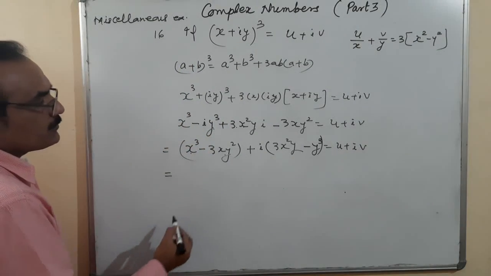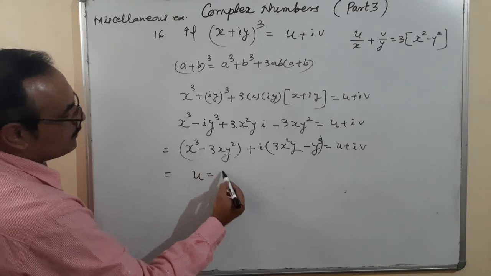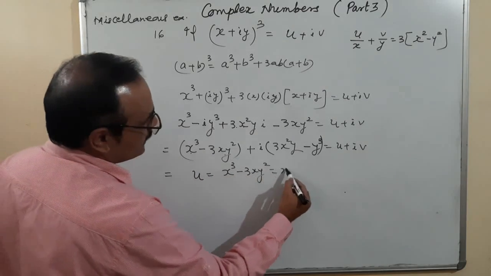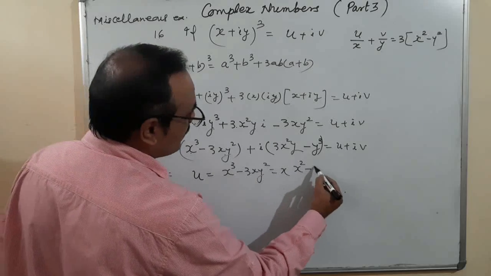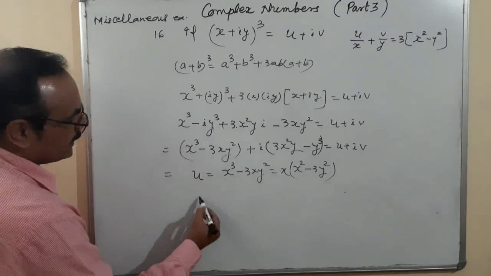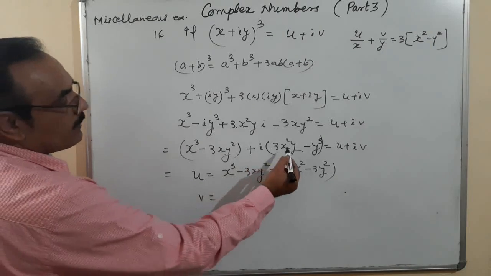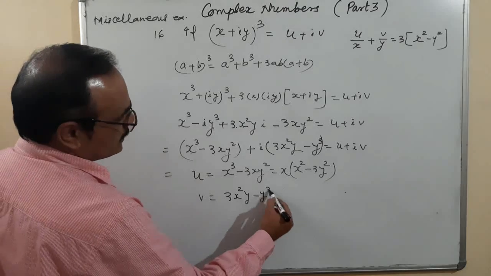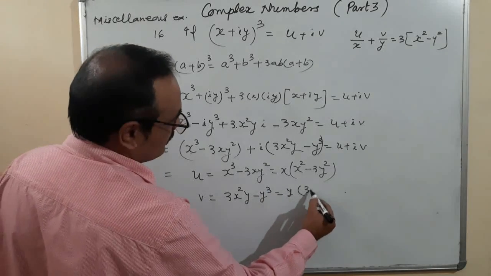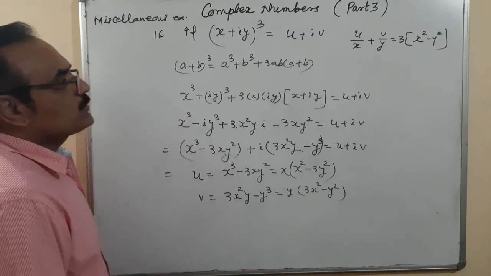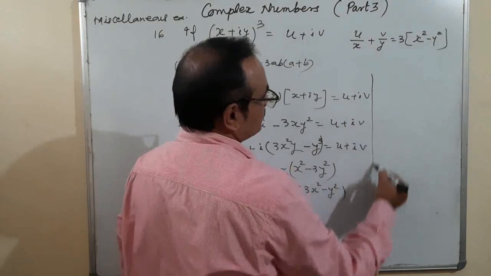What is the value of u? U is the real part, x³ − 3xy². We'll take x common, so it is x(x² − 3y²). That is the value of u, and the value of v is 3x²y − y³, taking y common, y(3x² − y²). These values will be substituted here.